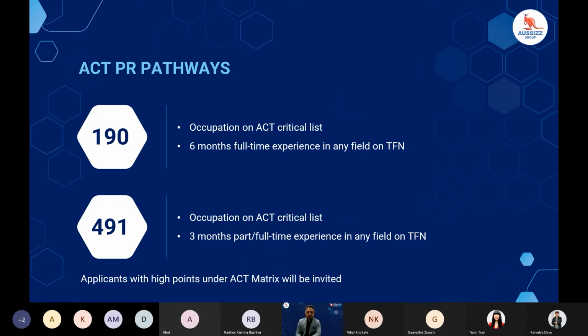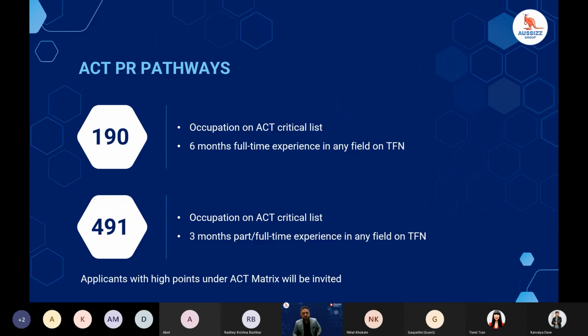Based on that, there are points awarded under the matrix system. You lodge the matrix, and the Canberra government will rank candidates from high points to low points, so the higher points person gets invited first. If you're selected, you receive an invitation from the ACT government.